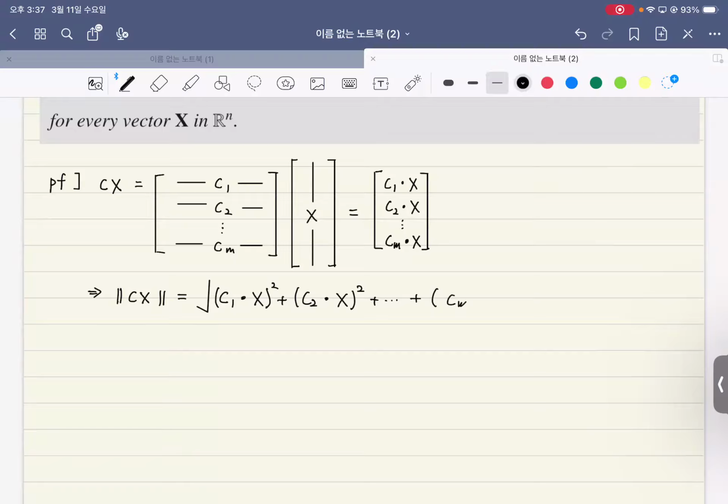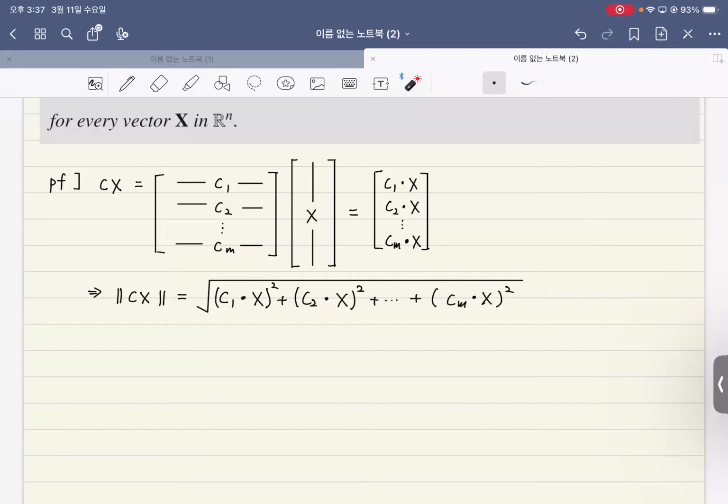Okay, good. Now it is time to use the Cauchy-Schwarz inequality. Do you remember? The Cauchy-Schwarz inequality says that the absolute value of the dot product of two vectors is bounded by the length of the first vector times the length of the second vector, right?